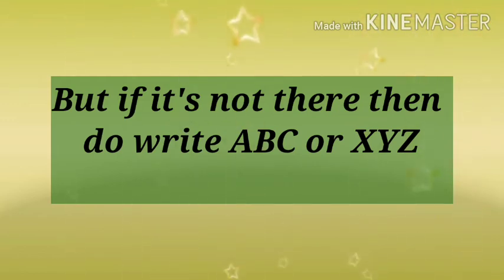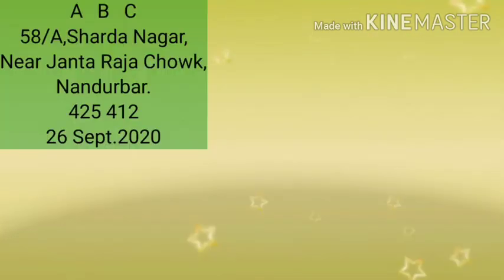Then you have to write the number of your house, wherever you reside. If you are staying in a house, then you have to mention the number. If the number is not given, then you can write an imaginary number. So I have 58A. It is the house number.